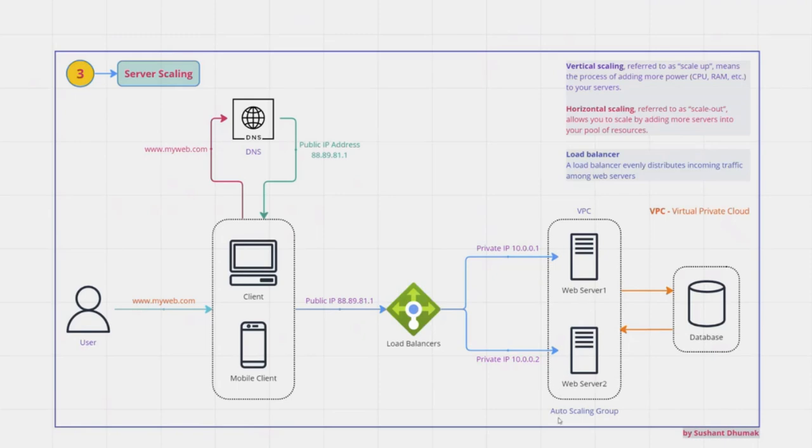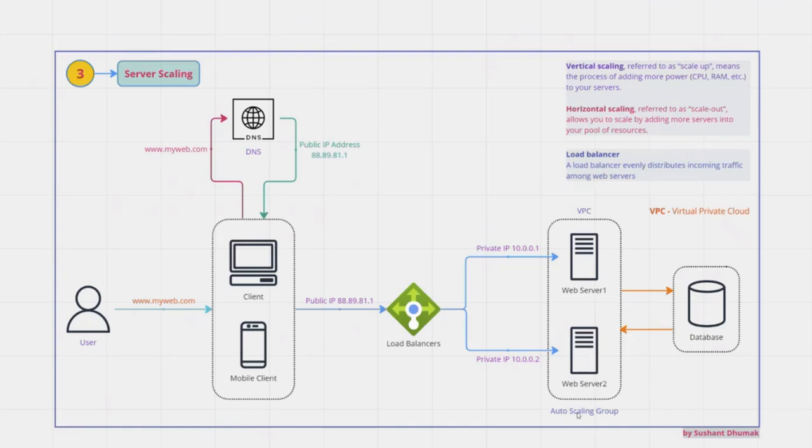And second, in an auto scaling group you can define, okay, minimum servers I need two and maximum servers I need six. In case the number of users or the traffic from users increases, for example, now we have one user, maybe it becomes 100 or 1,000 users, then all those requests should go to these web servers. But two servers are not good enough to serve all those requests.